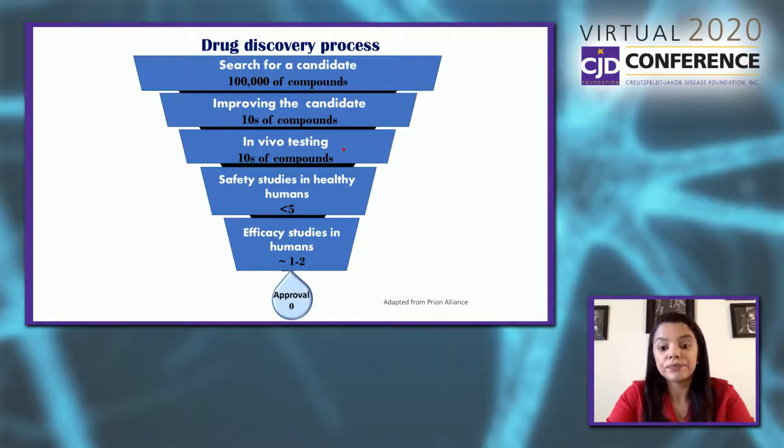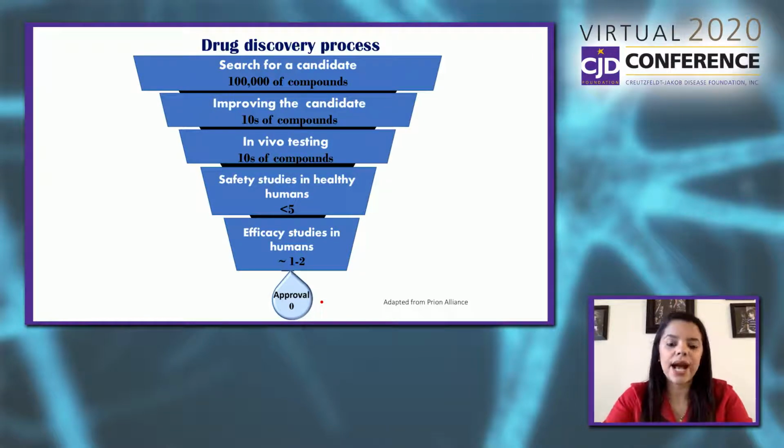And then, to date, fewer than 5 drugs got to the point of being tested in humans infected with CJD, and unfortunately, none of them really worked. This is why these diseases are still untreatable.